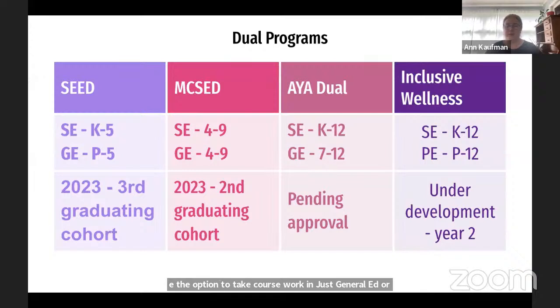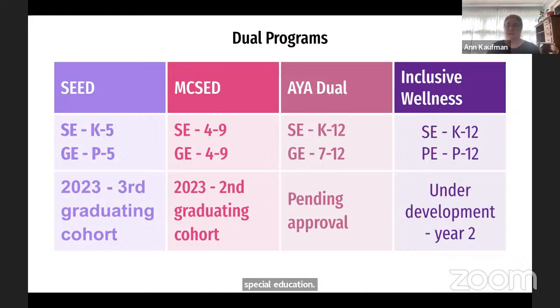The curriculum is designed for students to be prepared to teach in either area. This is a program for students interested in middle childhood, grades 4 through 9. Mixed ed stands for middle childhood special education dual.